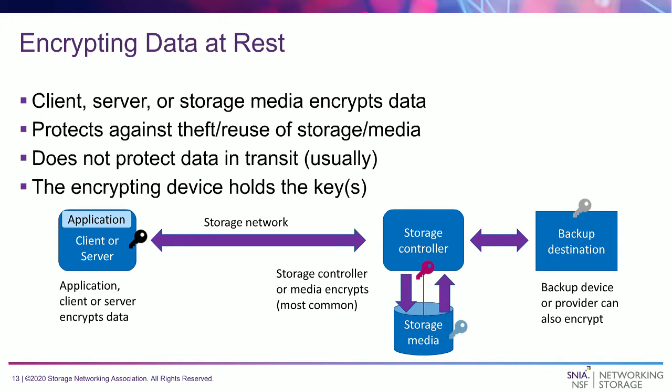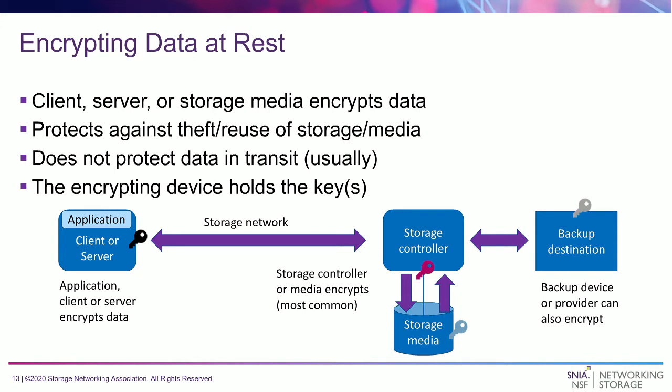So when the data passes from the storage controller to the backup device, if this data was encrypted by the storage controller or the storage media, it can pass the data either as encrypted or decrypted to the backup device. Obviously, if it's passed encrypted, then it's already encrypted, and the backup device may or may not need to encrypt it again. And if it's passed in the clear, then the backup device or backup service would have to do its own encryption to protect the data from unauthorized access or theft from the backup service or backup device.